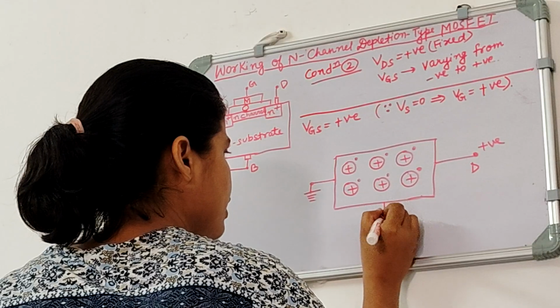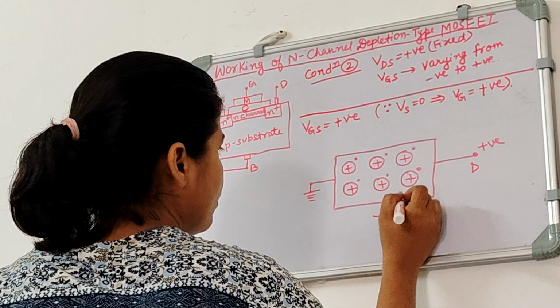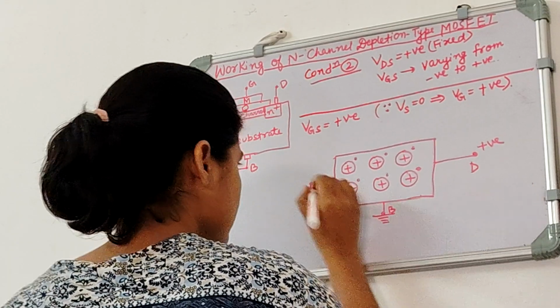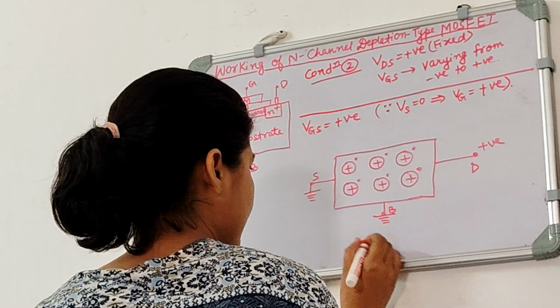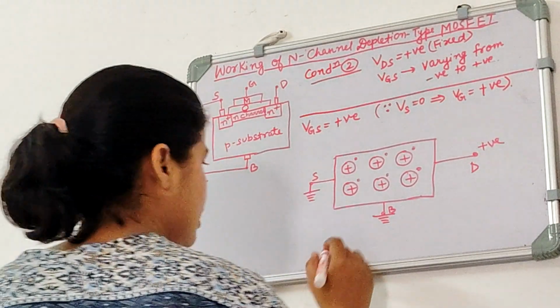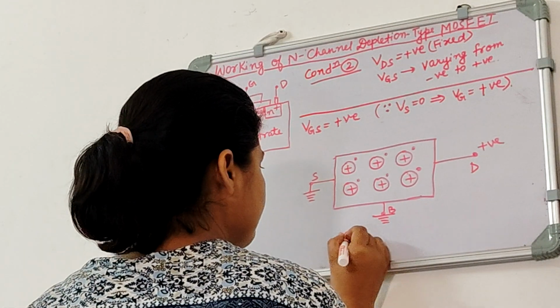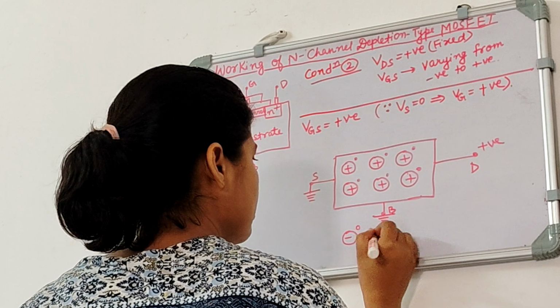Here we will have the body, which will also be grounded. And here we will have the P substrate, which will contain negative ions with holes.